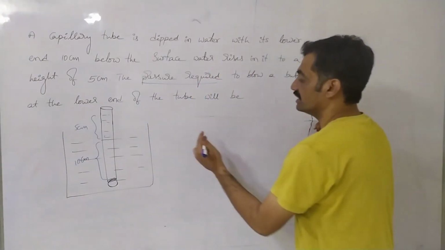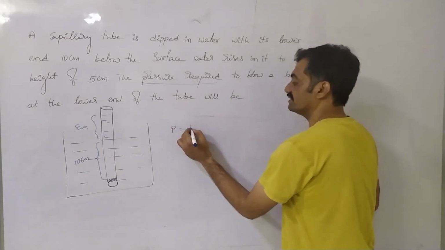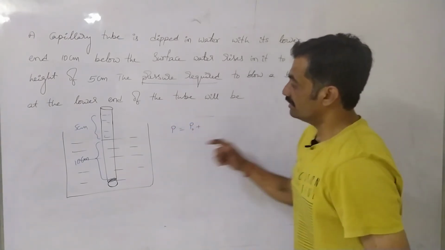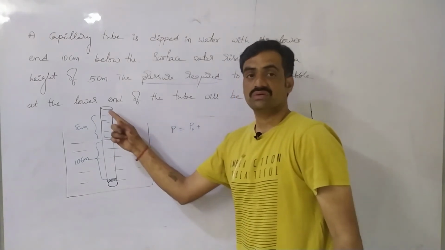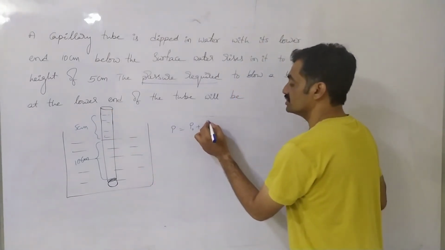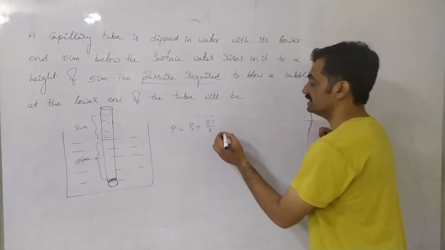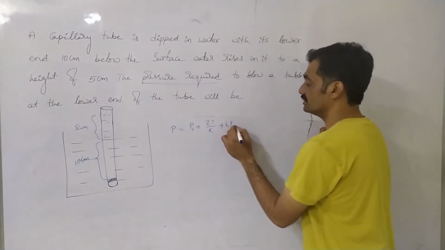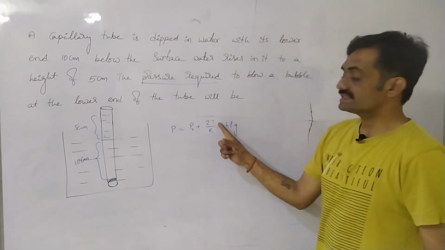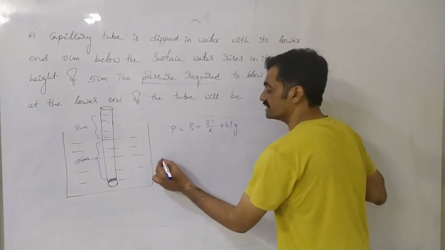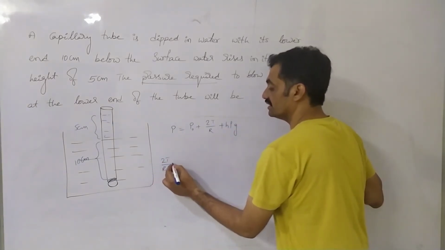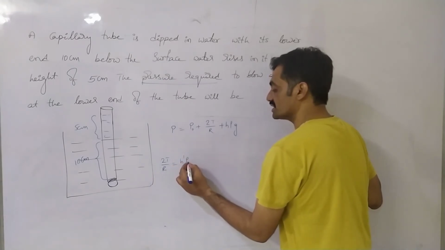So now here we have to find the pressure required to blow the bubble. We know that pressure is given as P naught plus excess pressure, nothing but 2T by R, plus h rho g. This excess pressure can be represented as 2T by R equals to h dash rho g.